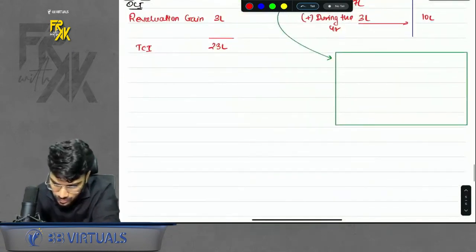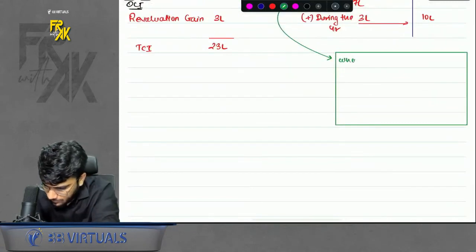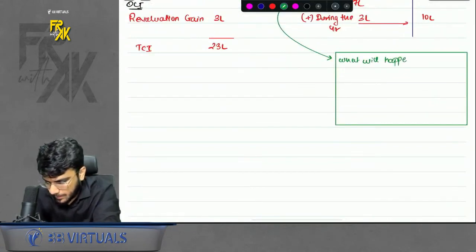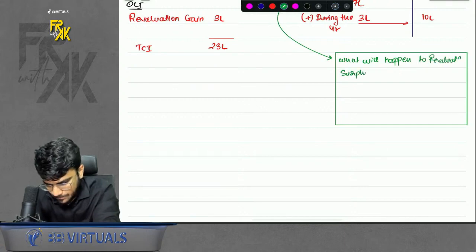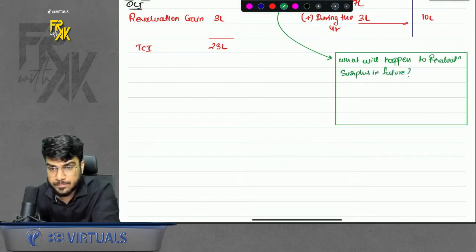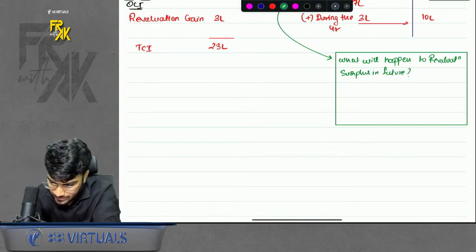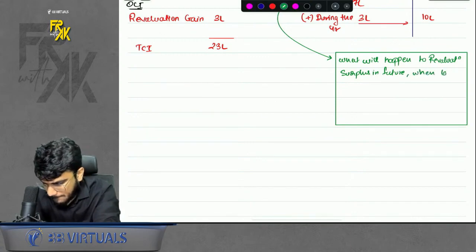So we will also write down what will happen to revaluation surplus in future when land is sold.